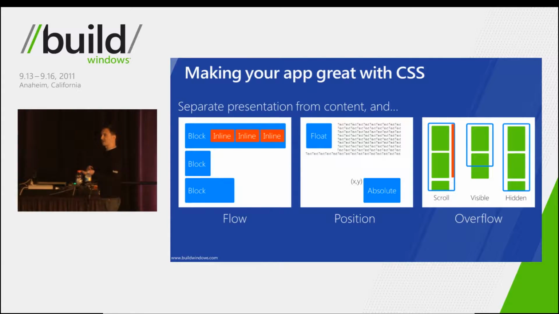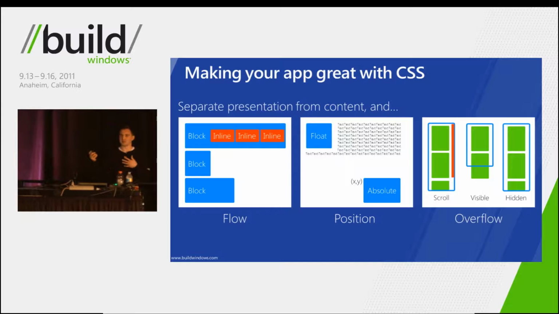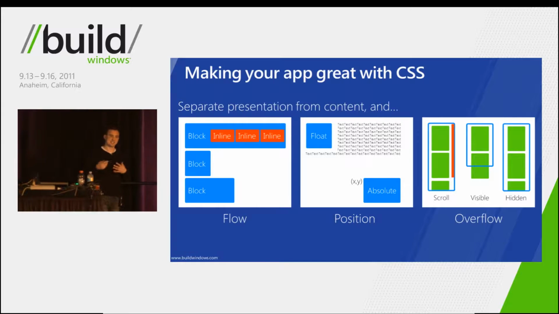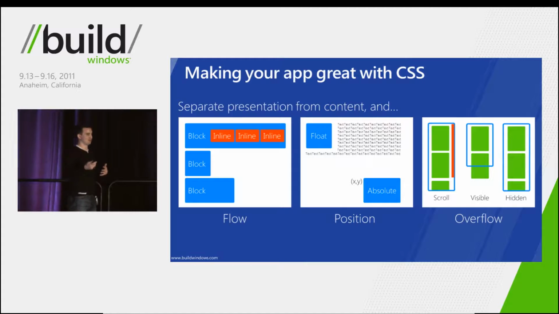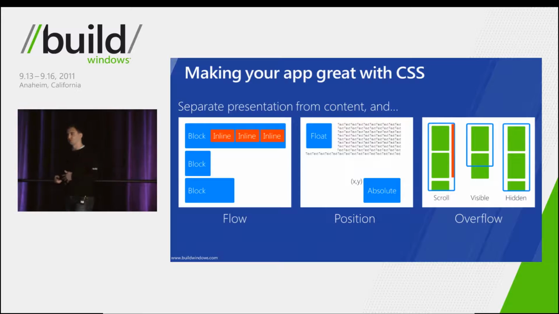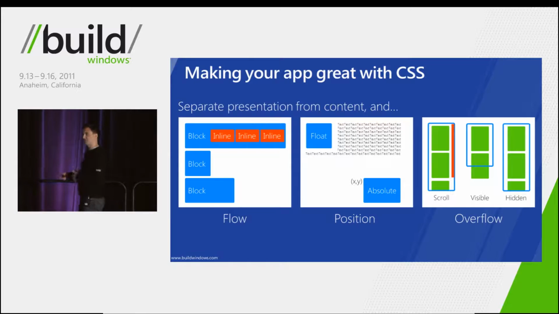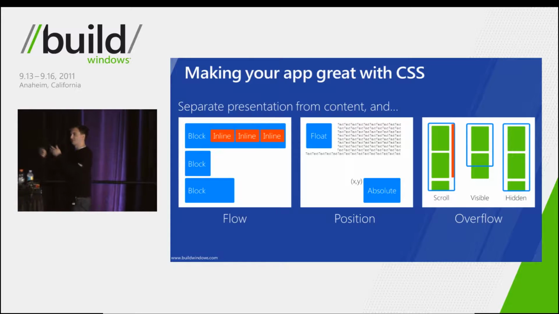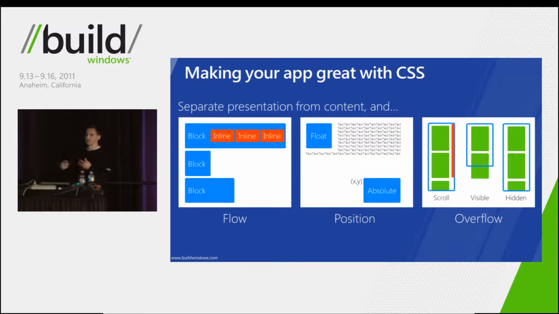Beyond separating your content from your presentation, there are three core concepts in CSS that you want to be aware of. In particular, CSS is a box-oriented layout model. For example, when you lay out content in CSS, if you have a div, that div will lay out vertically below the preceding div.